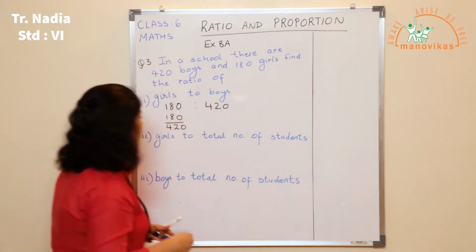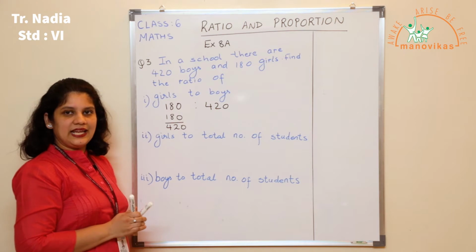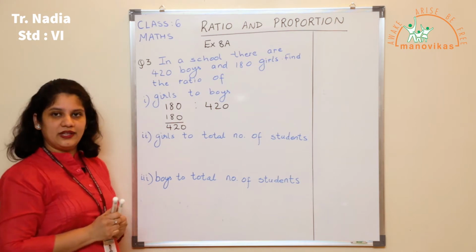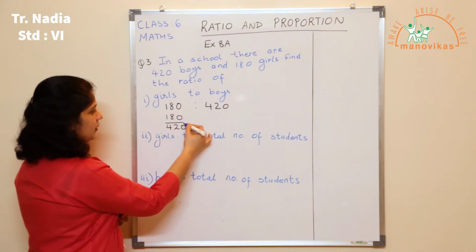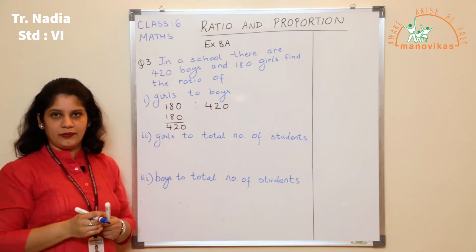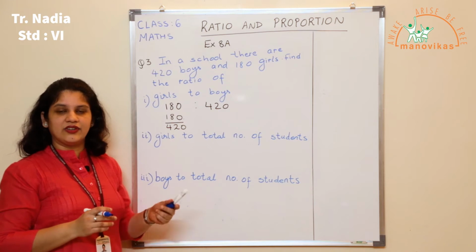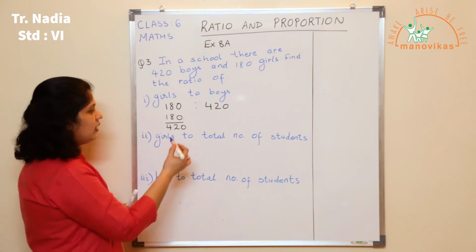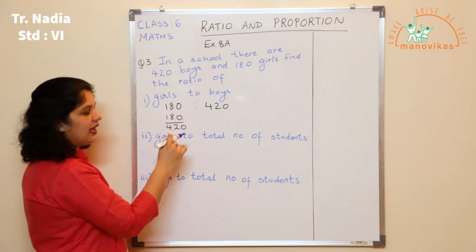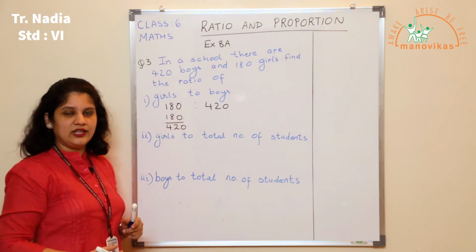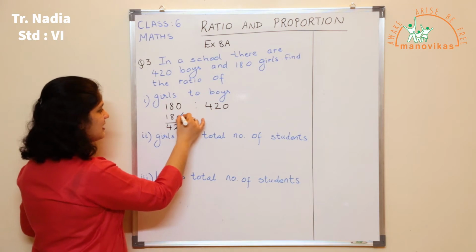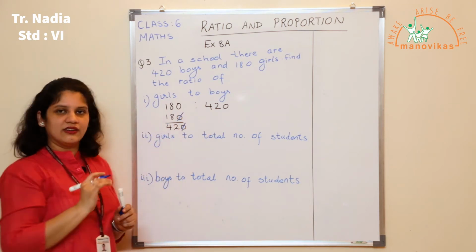Now, the number in the numerator is 180 and the number in the denominator is 420. There is a 0 in the numerator and there is a 0 in the denominator. So I can first get rid of these two zeros, okay? Whenever there are zeros in the end and you can form a pair, like there's a 0 up in the end and there is a 0 down in the end, you can always cancel the zeros and get rid of them.